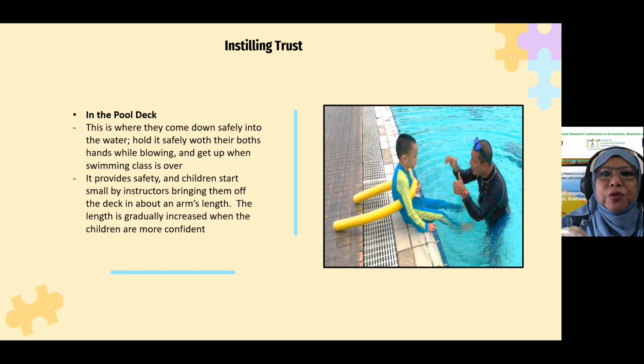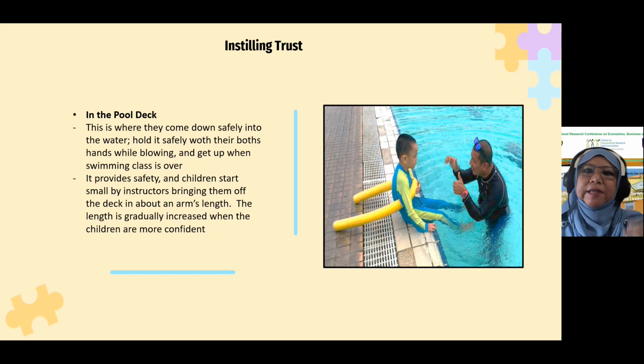Right, the next one, the teachers also exhibit that the learners need to trust the pool deck. The pool deck is where the learners come down safely into the water, hold it safely with both hands while blowing bubbles, and get up when the class is over.